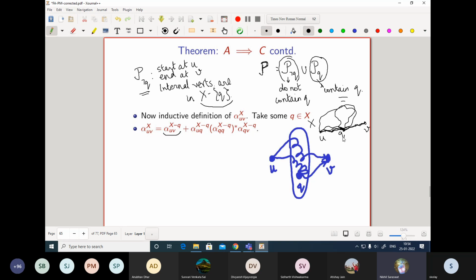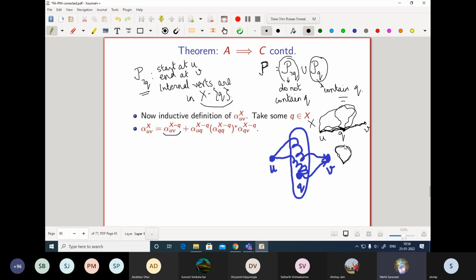So that means, look at all the loops from q to q. Look at the path between the first and second occurrence of q. That will not contain any q. Similarly, from second to third occurrence, that will not contain any q.